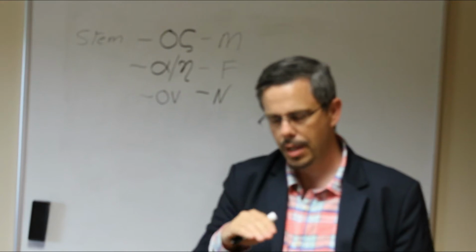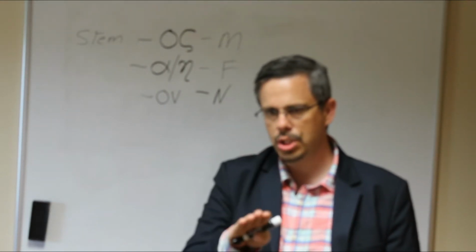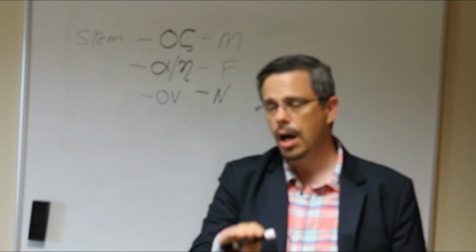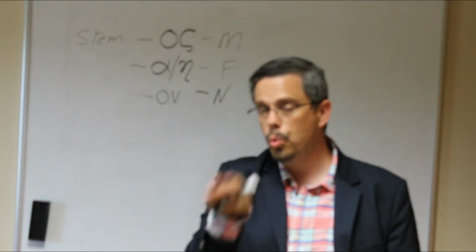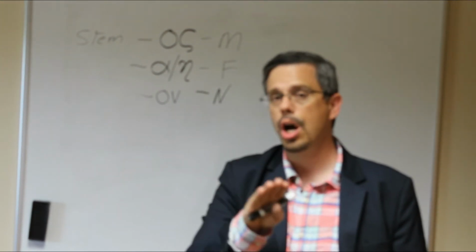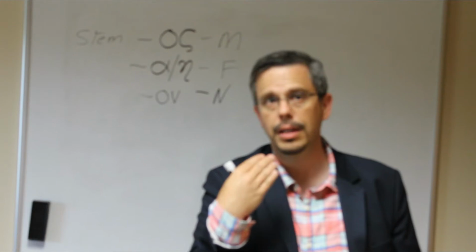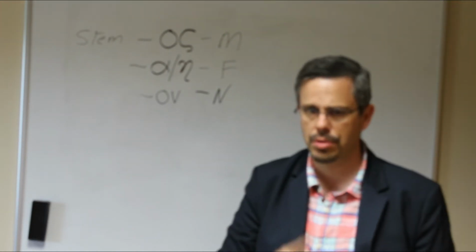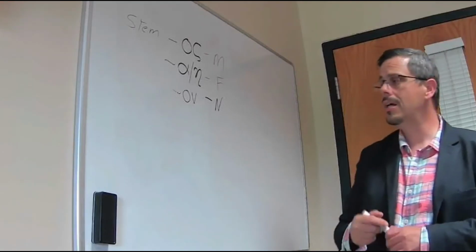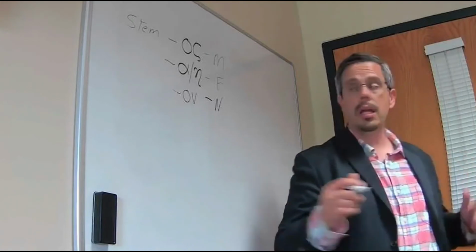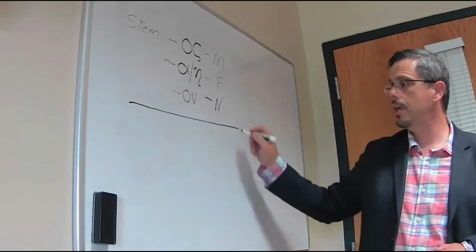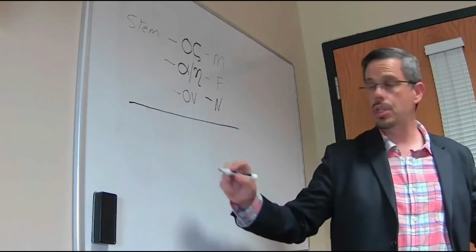So think about that. A declension tells me the pattern of how words in that declension are typically inflected for the nouns. All right. So in Greek, we're going to deal with 3 declensions.